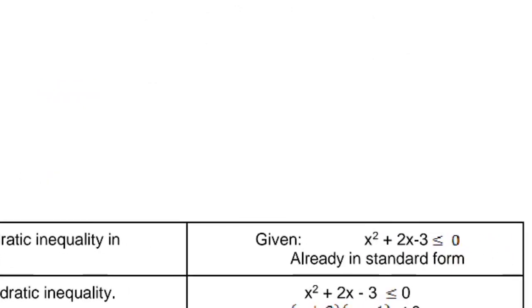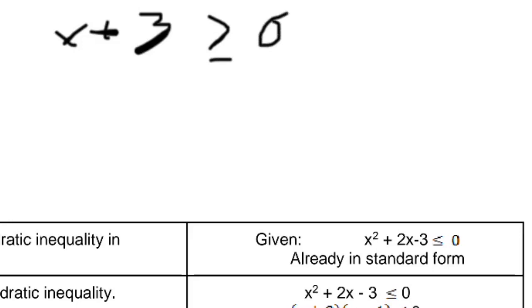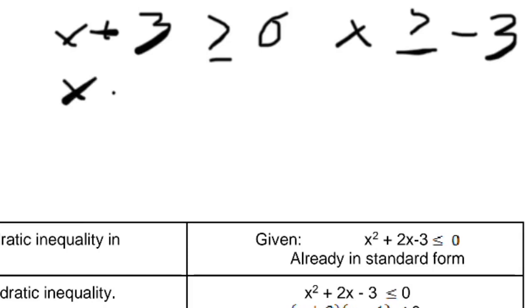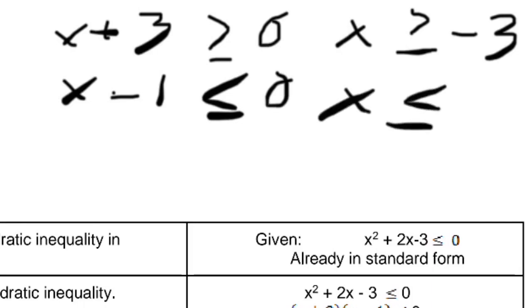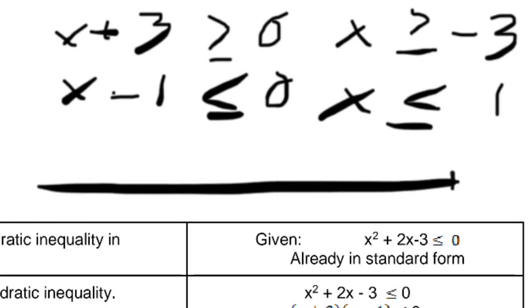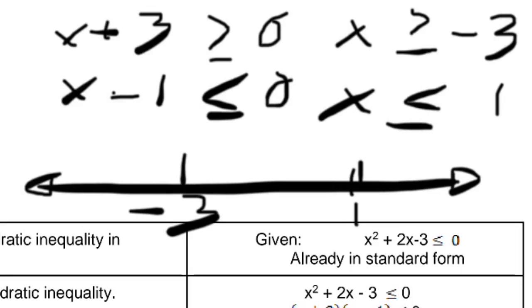Applying this one to this problem, we can have x plus 3 greater than or equal to 0. We can have x is greater than or equal to negative 3. And if the pair x minus 1 is lesser than or equal to 0, we can have x is lesser than or equal to 1. Okay? Then using the number line, this is negative 3 here, then 1. So x here is greater than or equal to negative 3.